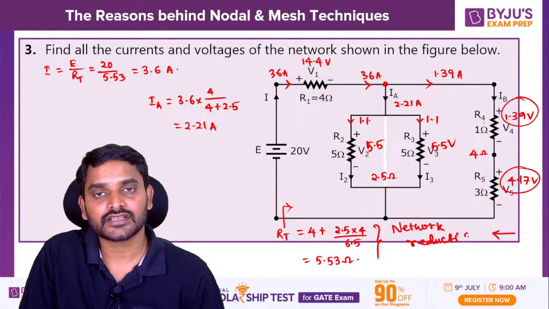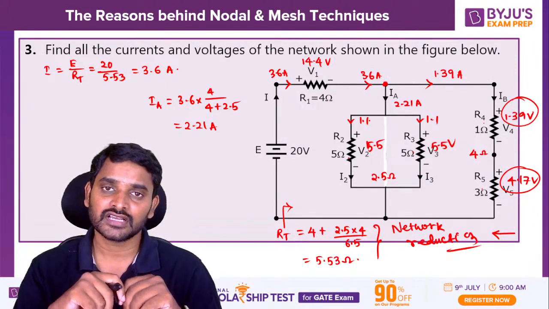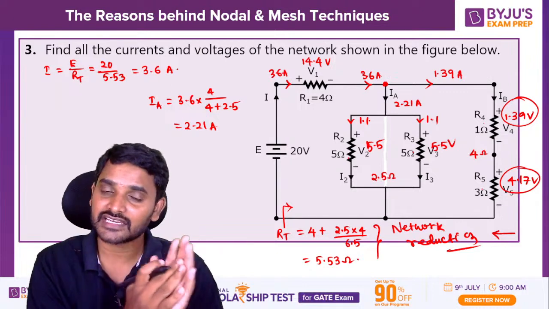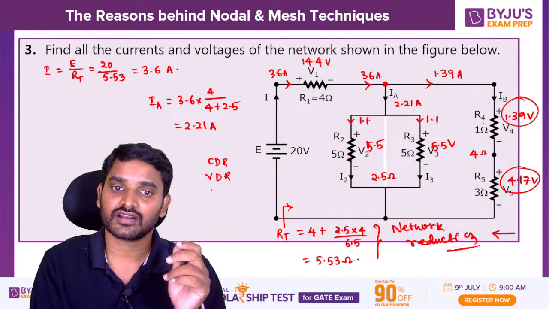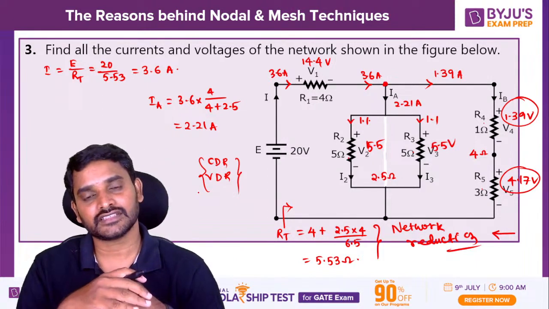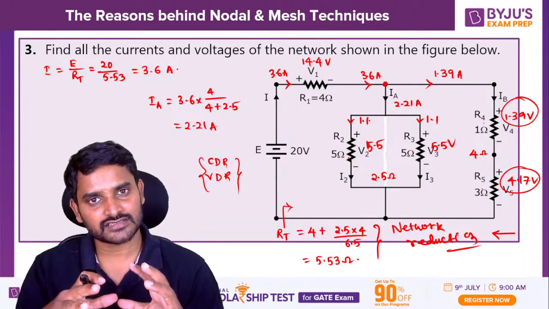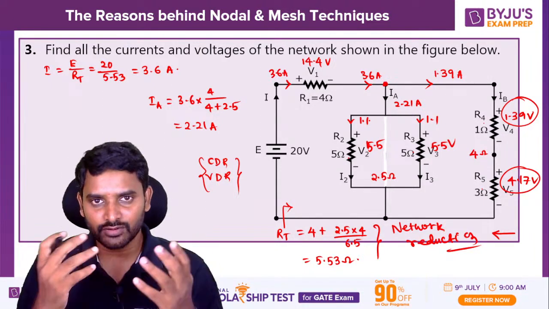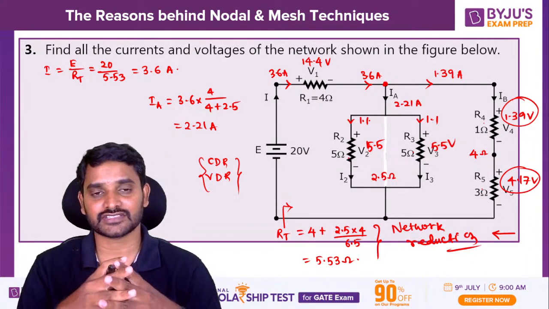If you want to solve the voltage drop across any branch or the current through any branch, we calculate the total resistance, then the total current, and then we apply the current division rule, the voltage division rule, Ohm's law, KCL, and KVL. Whatever the basic laws like KCL and KVL, and basic rules like the current division rule and voltage division rule, we apply them on this network and find the current or voltage at any particular branch.